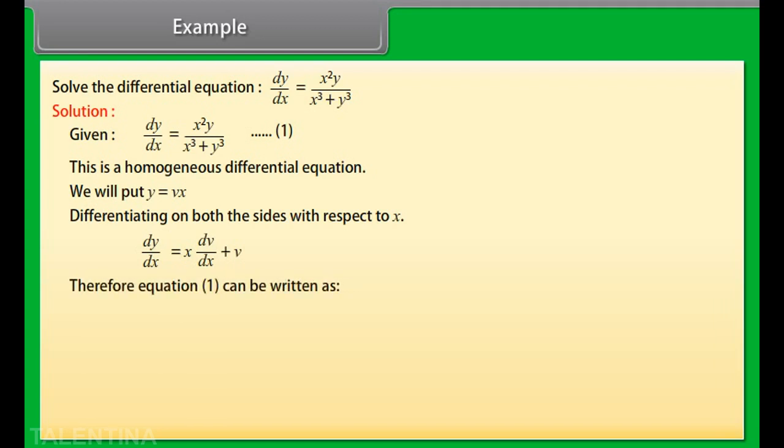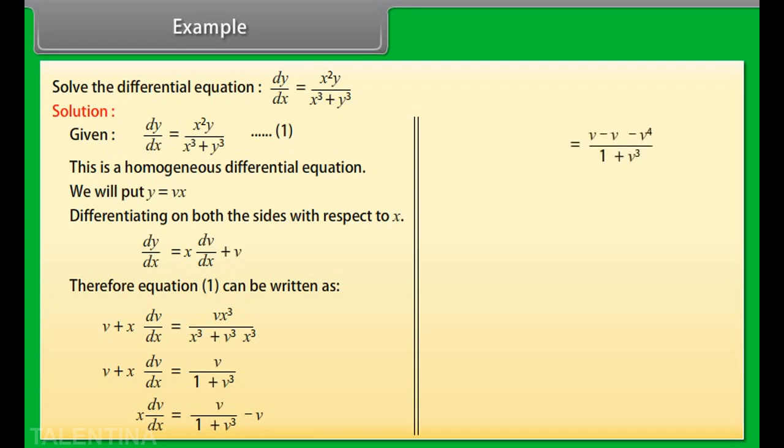Therefore, equation 1 can be written as v plus x into dv by dx equals v x cube by (x cube plus v cube x cube). v plus x into dv by dx equals v upon (1 plus v cube). x dv by dx equals v upon (1 plus v cube) minus v, equals (v minus v raised to the power 4) upon (1 plus v cube).